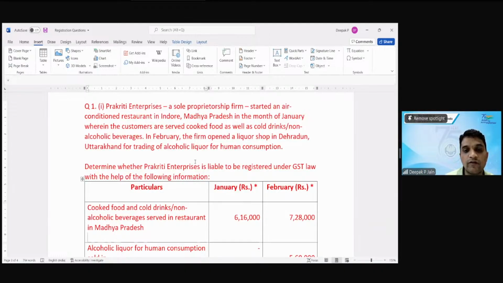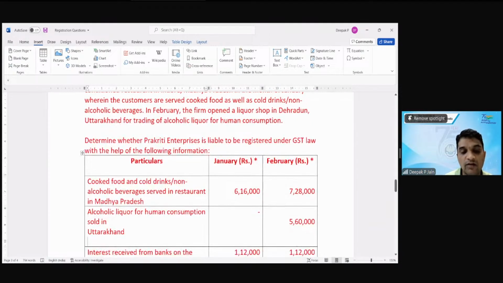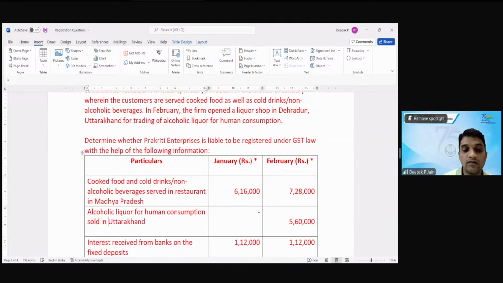Okay. Cooked food, what is the sale in Madhya Pradesh for the month of Jan and Feb? And what is the value of alcoholic liquor for consumption sold in Uttarakhand?